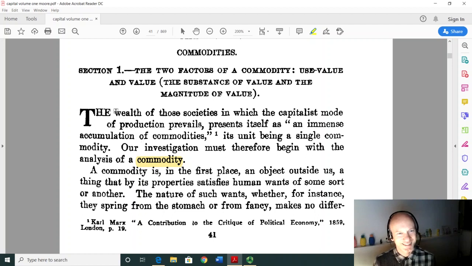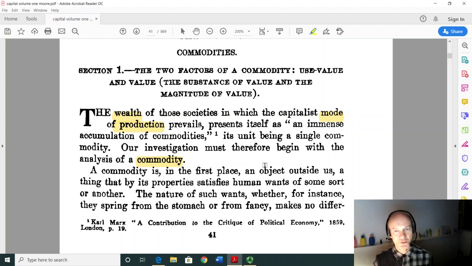So I completely forgot my cunning plan to do these underlining bits, a bit like you would when you read the text, right? So what I find important here, mode of production is one of the keywords. These are the keywords here. So wealth, mode of production, and commodity, obviously.